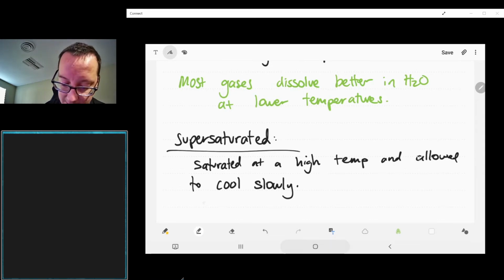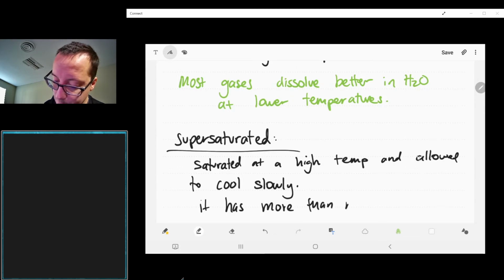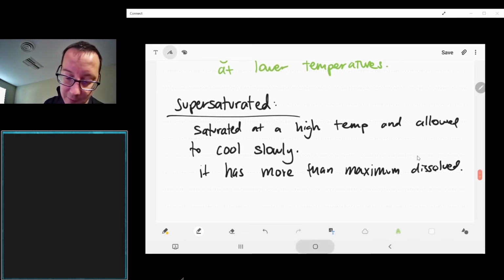That means it has more than the maximum dissolved. And these are frequently unstable.